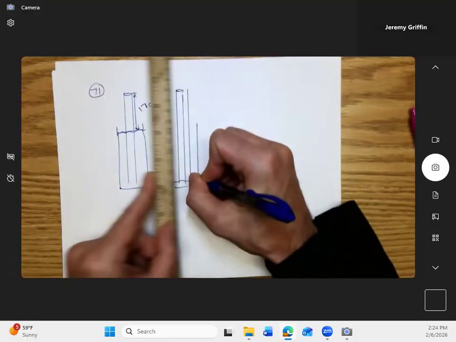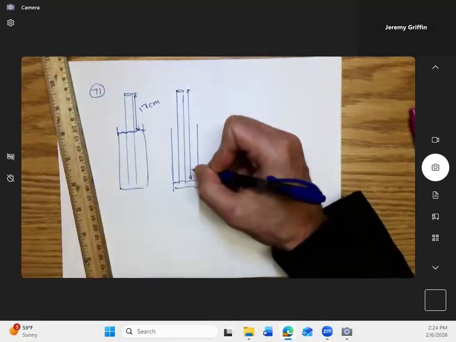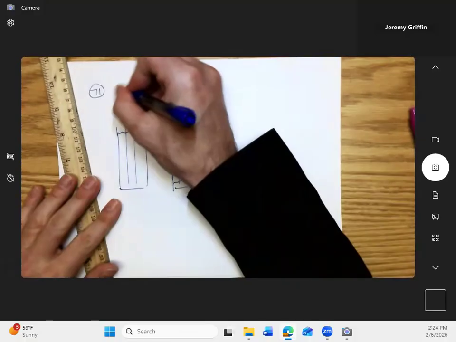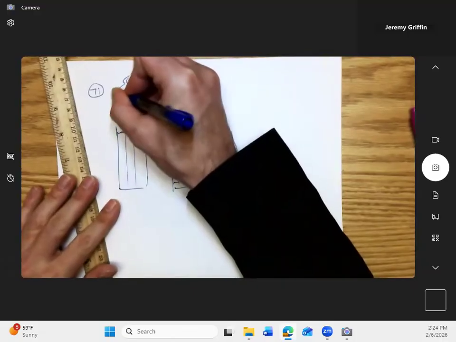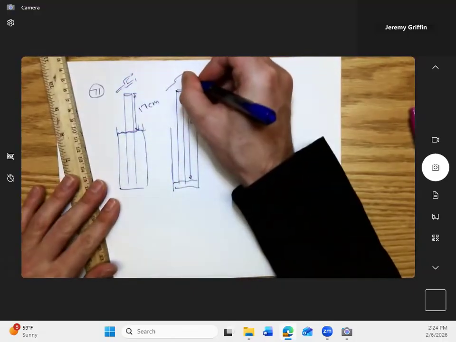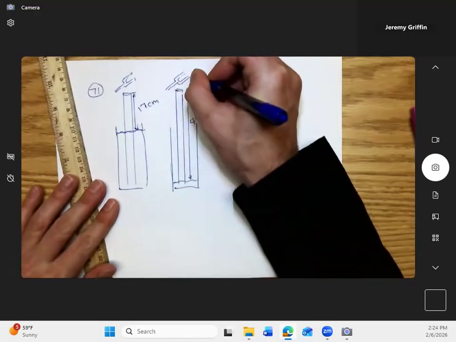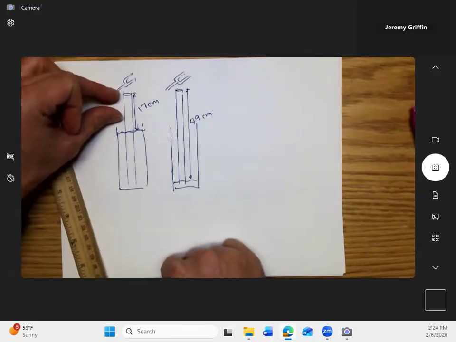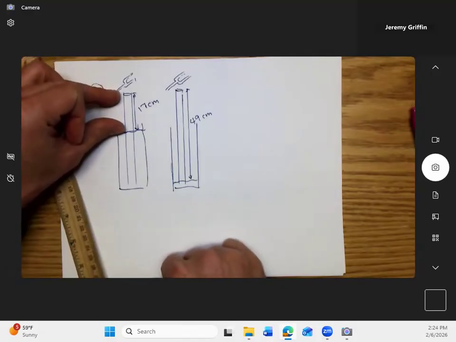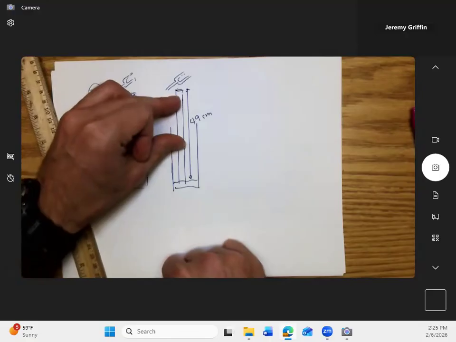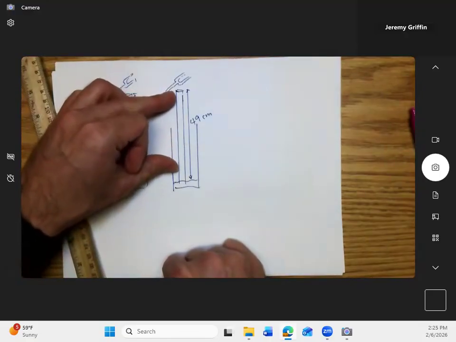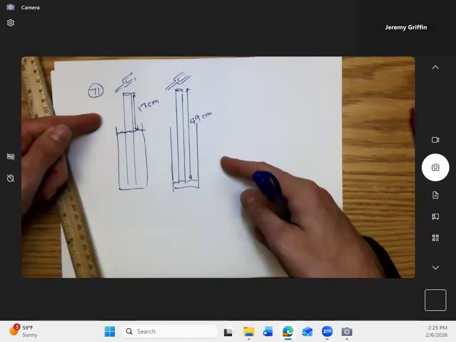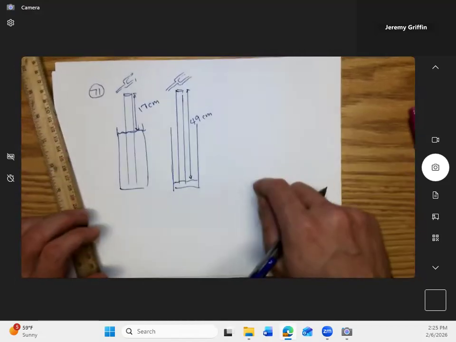So now this height is 49 centimeters. We're striking this tuning fork, and in both of these cases, it's resonating. So the water level is dropping, and at both of these points, it's resonating. A lot like your lab.